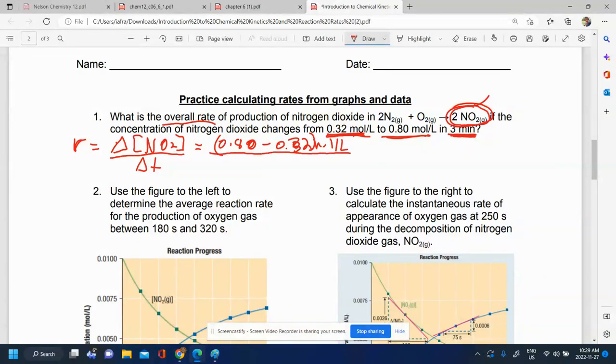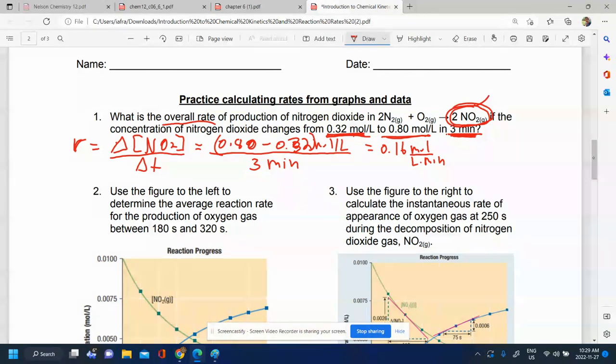And then over the delta T, which is given to us as 3 minutes. So you do your 0.8 minus 0.32, and then divide by 3, and we get 0.16 moles per liter minute.